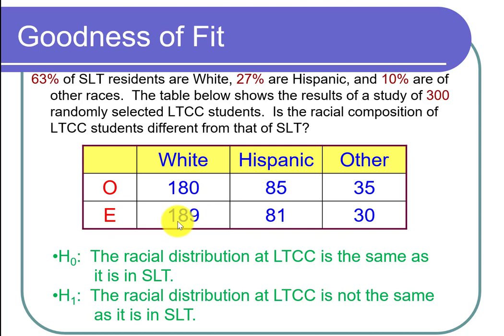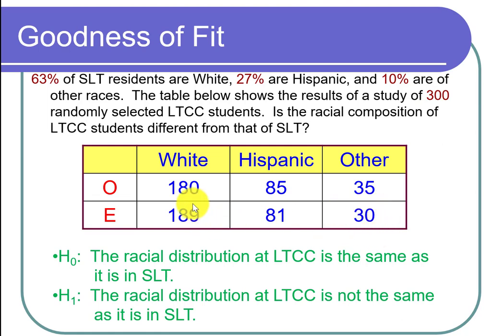And that's why I have 189 in the expected counts table for the second row and first white column. Similarly, 27% of 300 is 81. So that's my expected for Hispanics. And 10% of 300 is 30, and that's my expected for the other races.